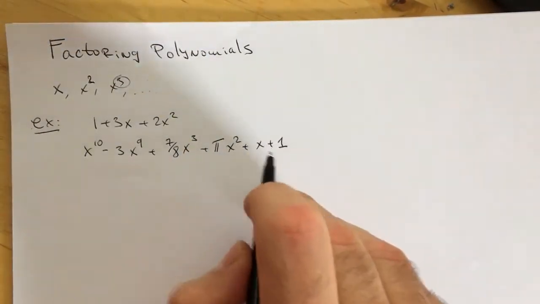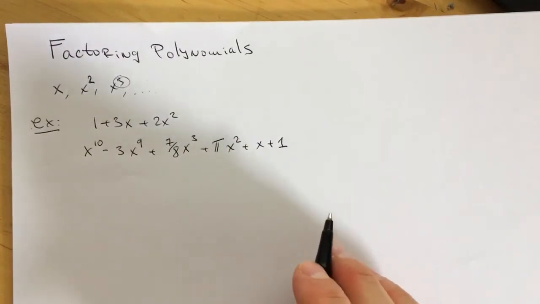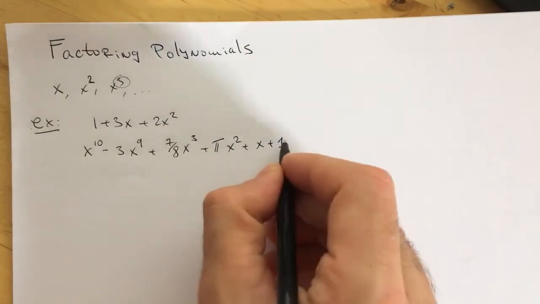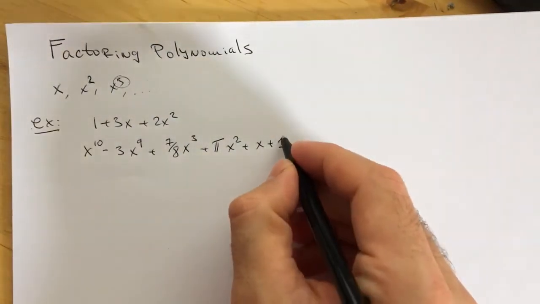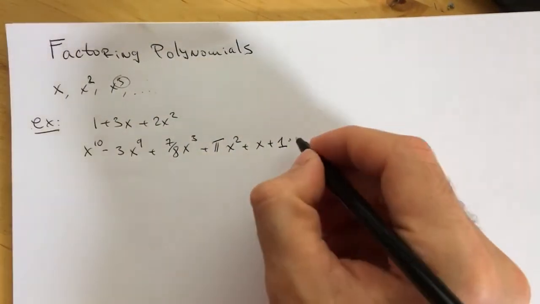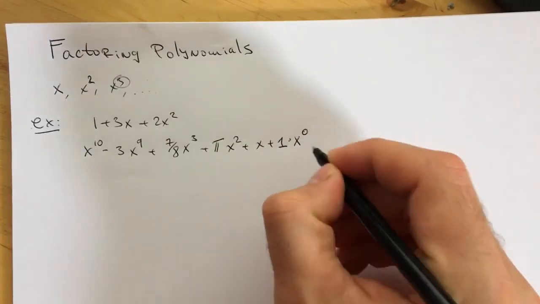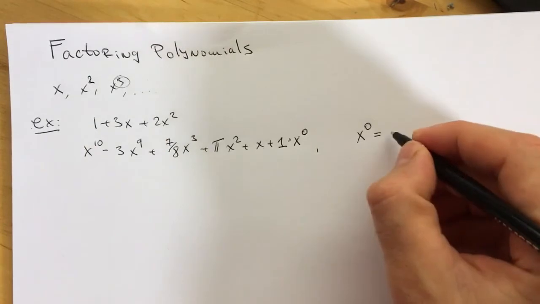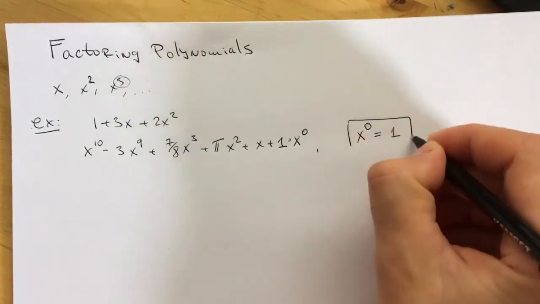So this is another example of a polynomial. As you can see, the exponents here have to be whole positive numbers, and always this constant, which you can interpret as x to the power of 0. Again, I'm reminding you that x to the power of 0 is equal to 1.